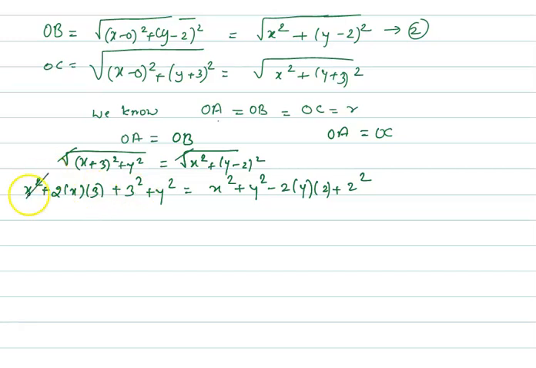So x square y square cancels with x square y square. So I am going to get 6x plus 9 is equal to minus 4y plus 4. So by shifting everything this side, or else by taking variables this side, we will get minus 4y is equal to 4 minus 9. So that is equal to minus 5. This is equation 1.